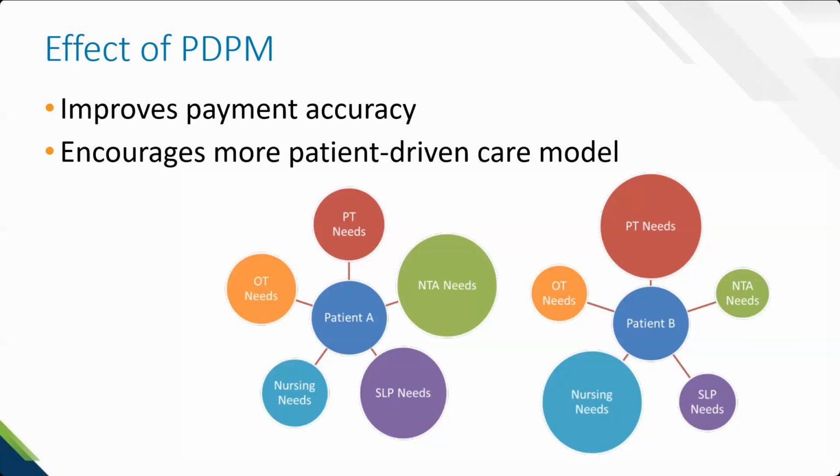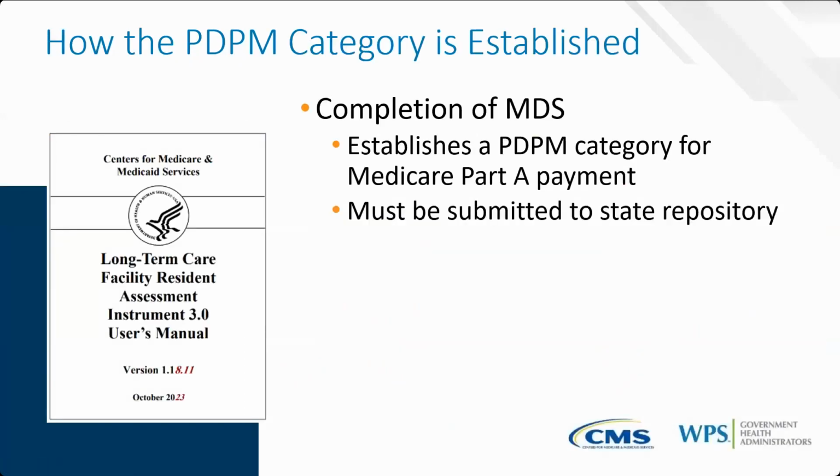PDPM focuses on the uniqueness of the individual's needs and the characteristics and goals that you have for each of these patients. And this is really all done by addressing each individual patient's unique needs independently. So PDPM really improved patient care accuracy, payment accuracy, and really encourages a more patient-driven care model for our beneficiaries.